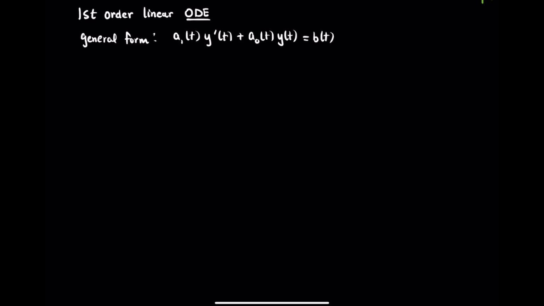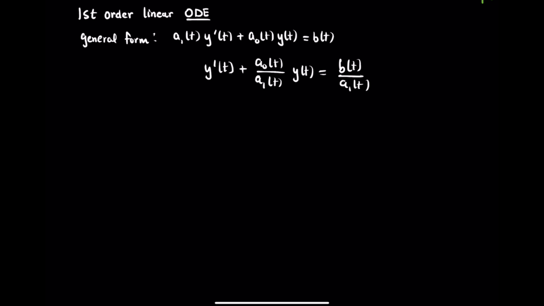But you would divide everything by a1(t), and then you would get y'(t) + a0(t)/a1(t) y(t) = b(t)/a1(t).